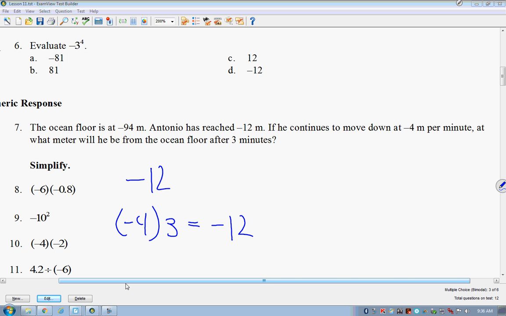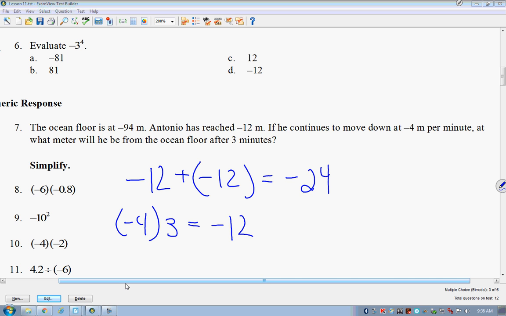Okay, so what am I going to do with this negative 12 and the first negative 12? So how many meters will he be down? Four meters per minute. At what meter? Oh, okay. Hold on. Okay, so he's going to be 24 meters down, right?